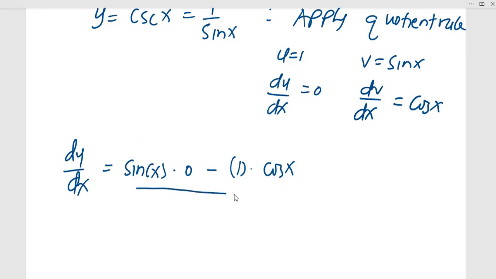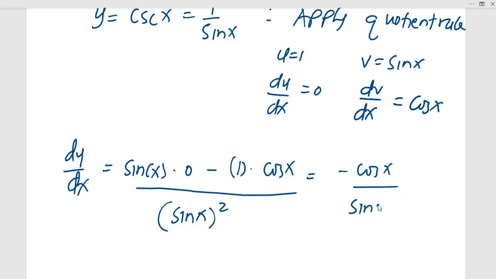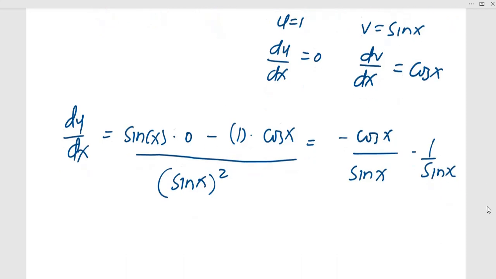Now we divide everything by sine x squared, because we have to divide it by v squared. So this is equal to negative cos x divided by sine x times 1 out of sine x. What does this mean?